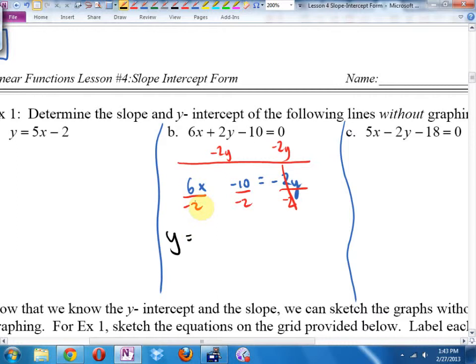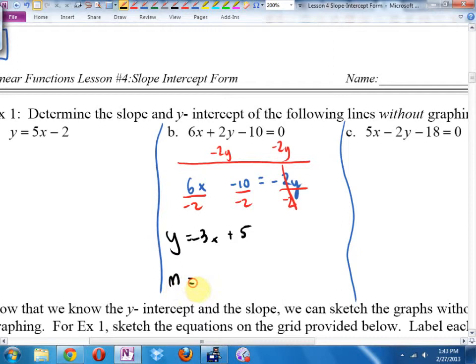Does that work out evenly? Now, if it doesn't work out evenly, just leave it as a fraction in lowest terms. But this one does. -3x. And what is -10 divided by -2? 5. I heard 7. I heard 5. 5, positive or negative? Because that reminds me to put a plus. Positive 5.